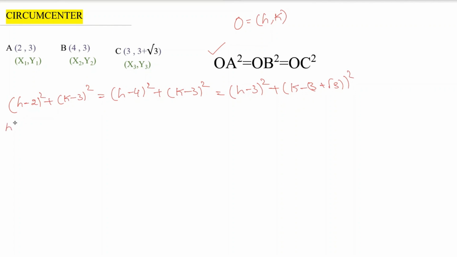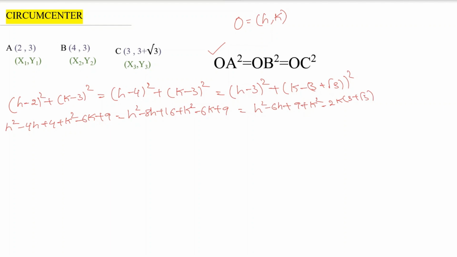This will give h square minus 4h plus 4 plus k square minus 6k plus 9, equal to h square minus 8h plus 16 plus k square minus 6k plus 9, equal to h square minus 6h plus 9 plus k square minus 2k into this entire thing, 3 plus root 3, and then we'll have 3 plus root 3 whole square.